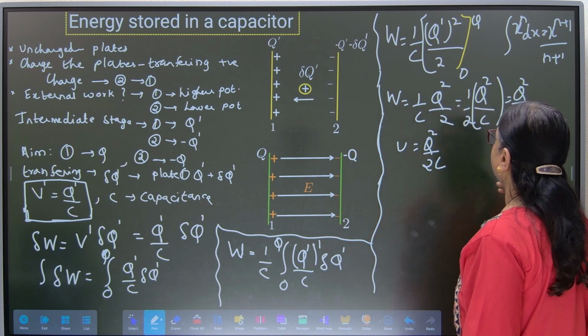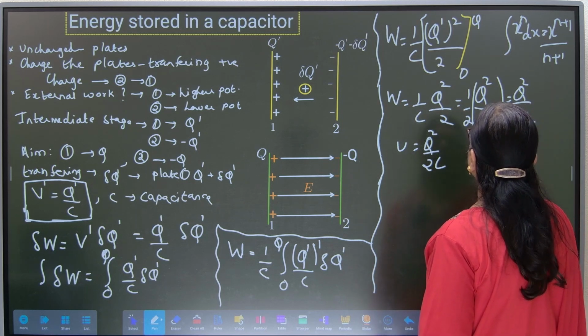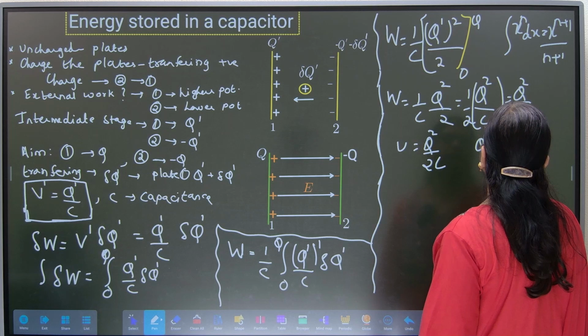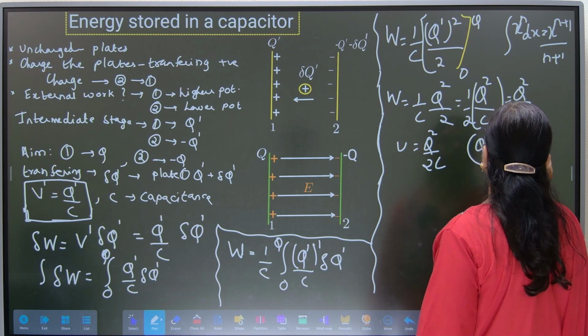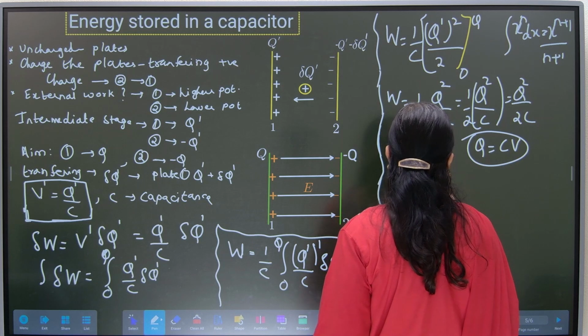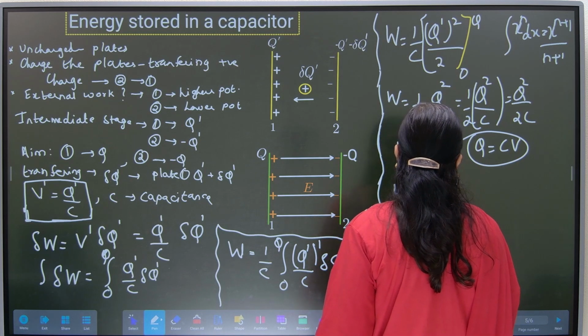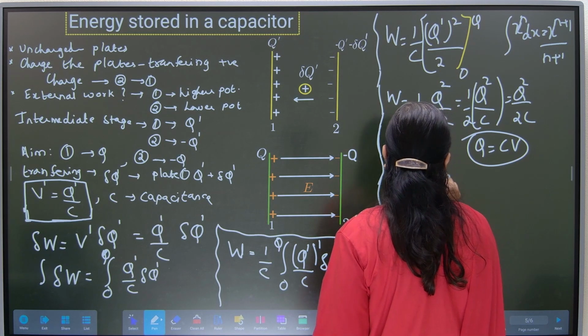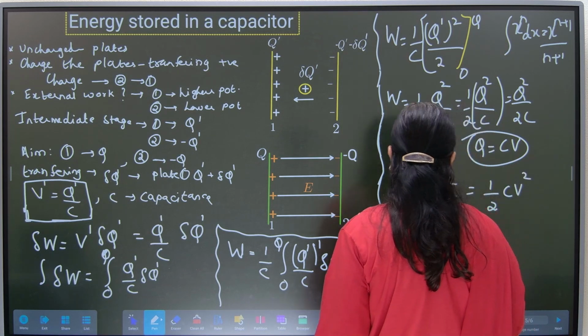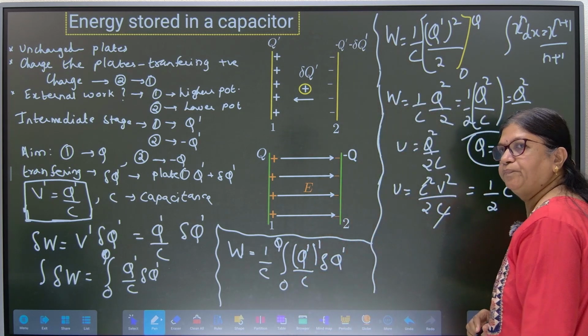Now here you can substitute Q is equal to CV such that you get U is equal to C square V square on 2C, where C cancels out, so we get half CV square. That is another equation.